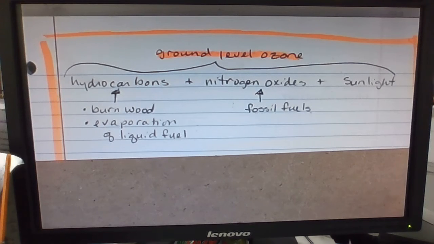So we release hydrocarbons into the atmosphere when we burn wood, when we have those volatile organic compounds evaporate. The nitrogen oxides come from using fossil fuels. And then the energy from the sunlight creates the ground level ozone.